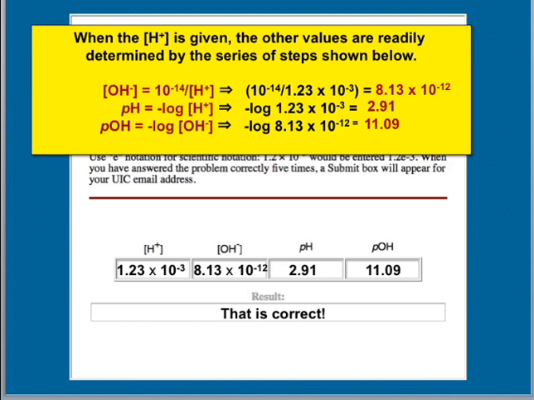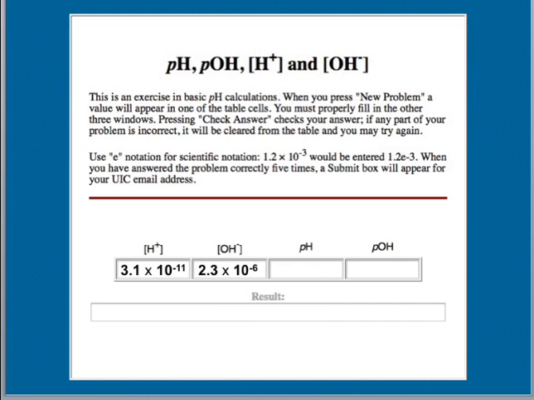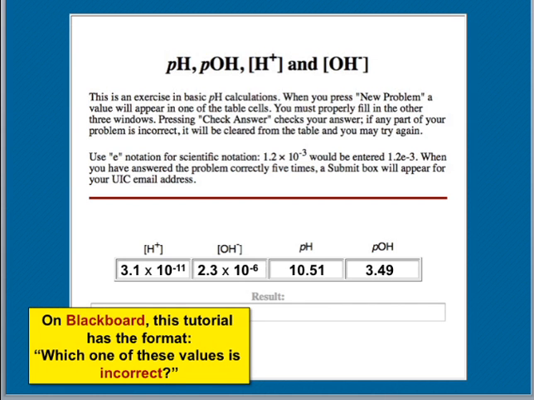Not my fault. Therefore, I had to come up with a different strategy. So when you take your quiz, it's going to look a little different. You'll actually be given all 4 values, and you'll be asked which one is wrong. Same problem. It's just which one is wrong.